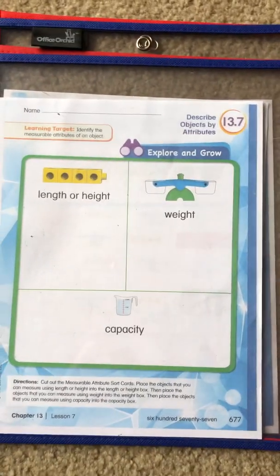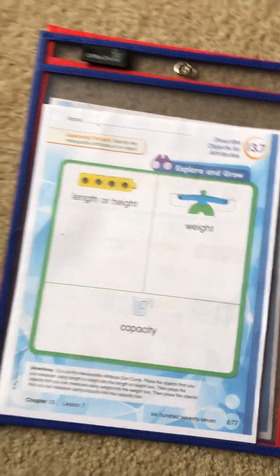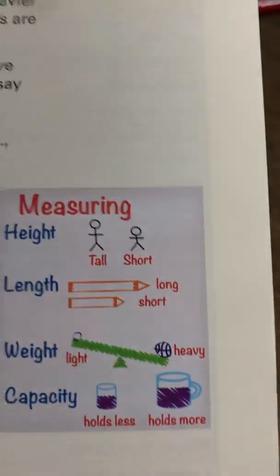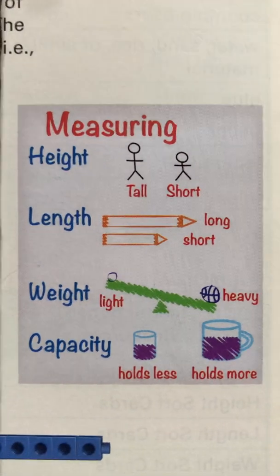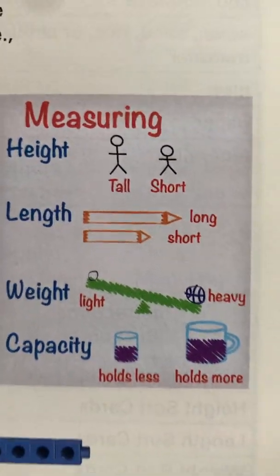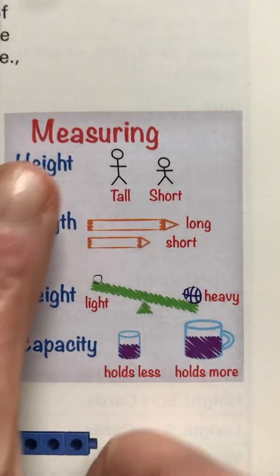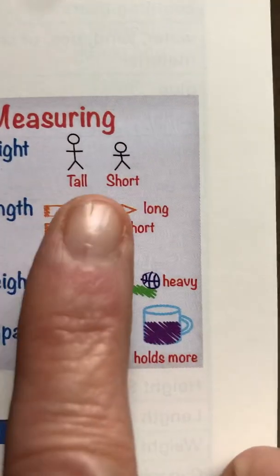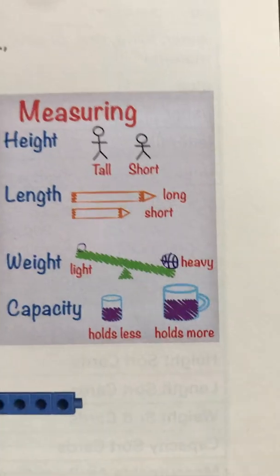You remember at the very beginning of our chapter, we talked about the different ways to measure things. You measure how tall something is, its height, by using the words tall and short.